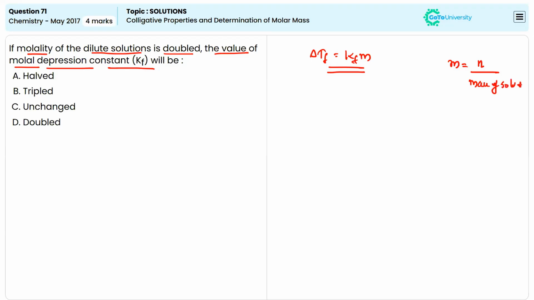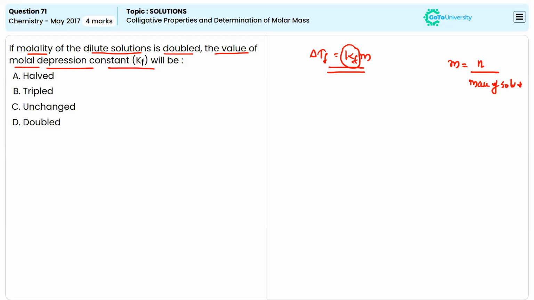So what is given here? The molality of the dilute solution is doubled. What will be the value of the molar depression constant? Actually, the concentration of the solution does not affect the molar depression constant because it is a constant value. It depends only on the nature of the solvent. It means for different solvents, there are different values for the molar depression constant. So this Kf is completely independent of the concentration of the solution.